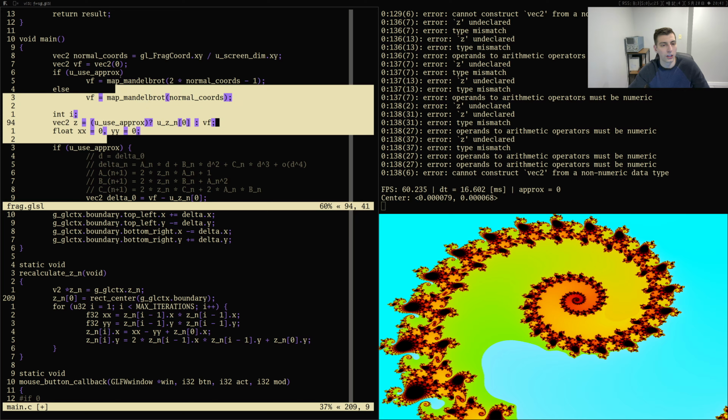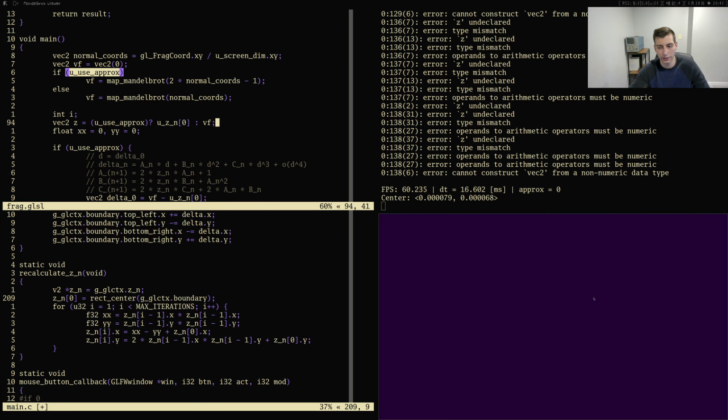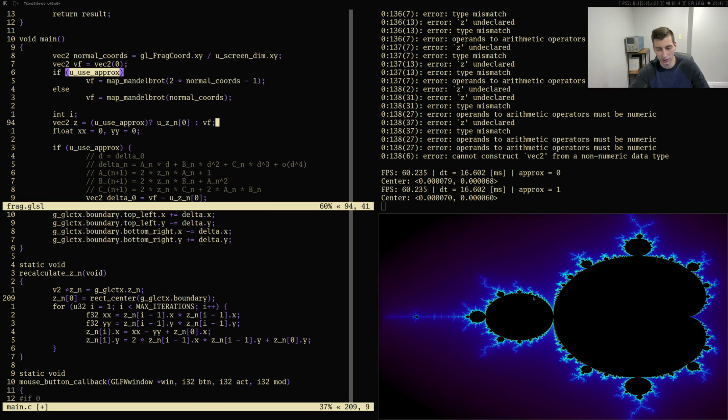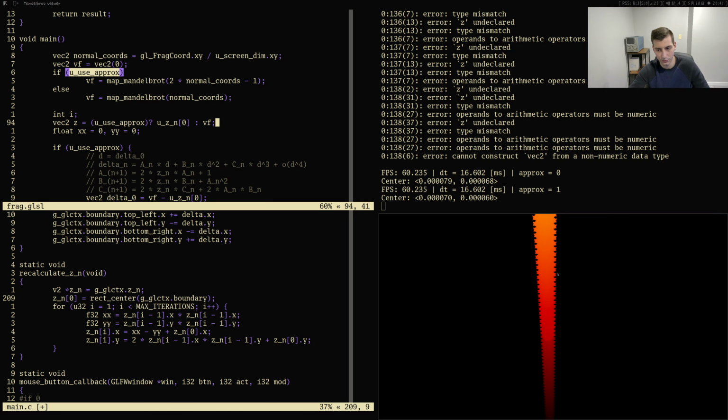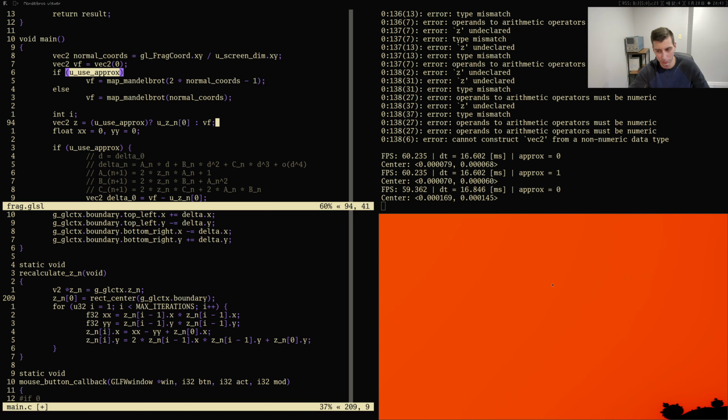That's better. So that part looks fine, and then when we zoom in though, we still have this problem.